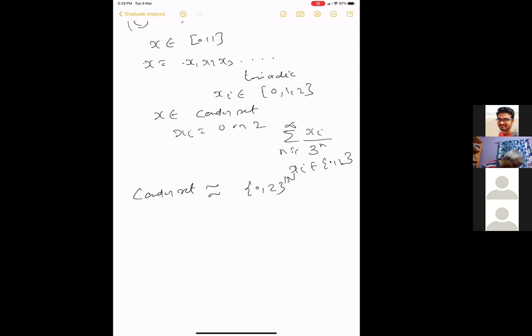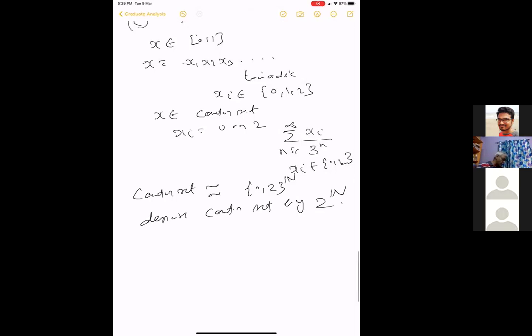So we denote the Cantor set by 2 to the power N. It's just a two element set, a finite set, and you are taking the infinite direct product of two elements. That is the Cantor set. Okay? This is okay?